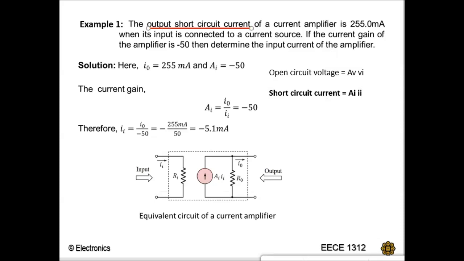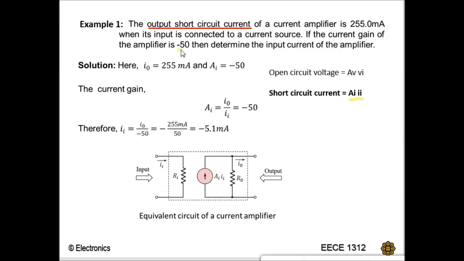Okay, so in this question, what is given? The output short circuit current of a current amplifier. So what is given is the AiIin. So that is what is given to you. You are given AiIin, which is equivalent to 255 milliampere. And then the question proceeds to give you the current gain. So the current gain is minus 50.